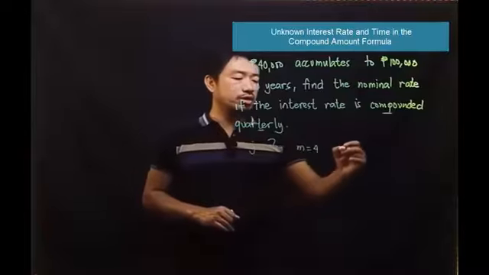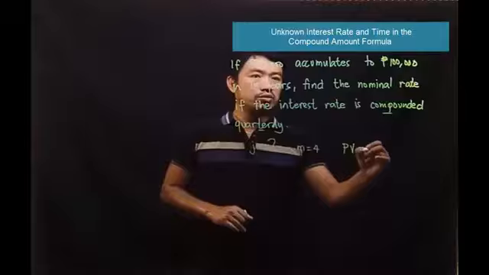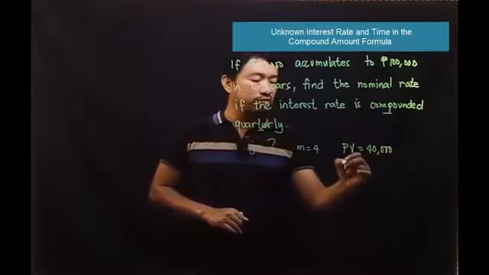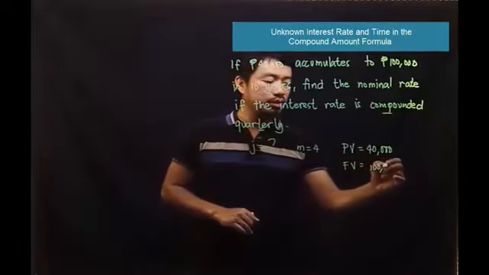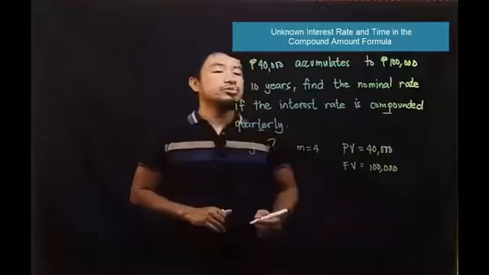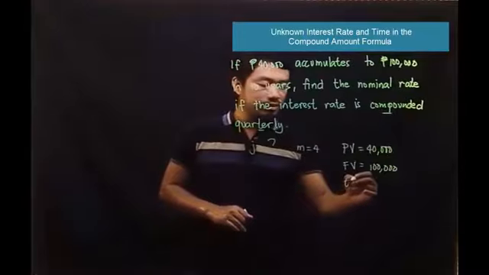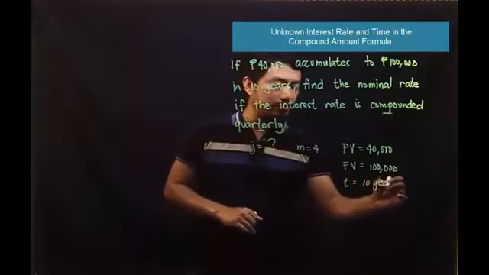Also, we are given a present value of 40,000 and the future value of this 40,000 is equivalent to 100,000 pesos. Also, we are given time, which is equivalent to 10 years.